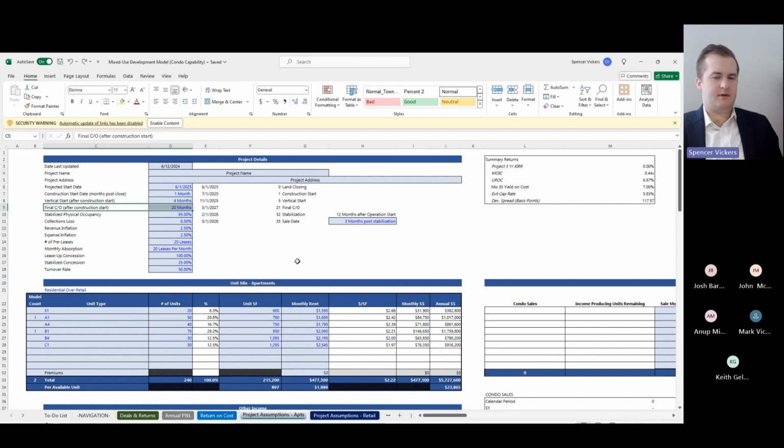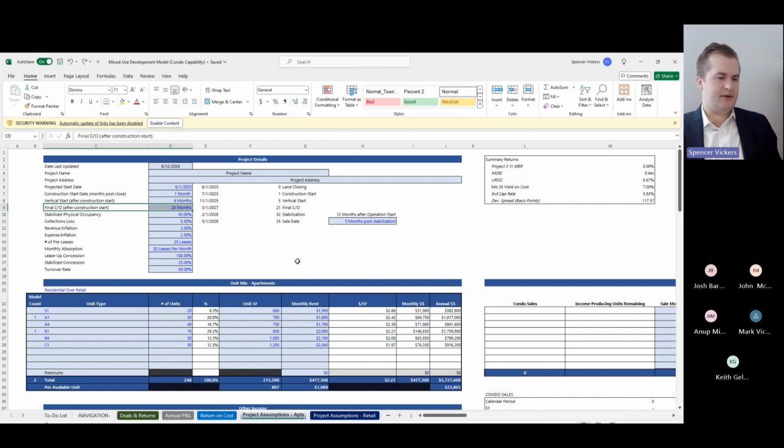Because if you have to finish construction before you actually start leasing, then your income comes in a little bit later. To the extent that you did want that flexibility to start leasing after a first CO if you're doing multiple buildings, I'll probably make another iteration of this model that includes several delivery schedules.